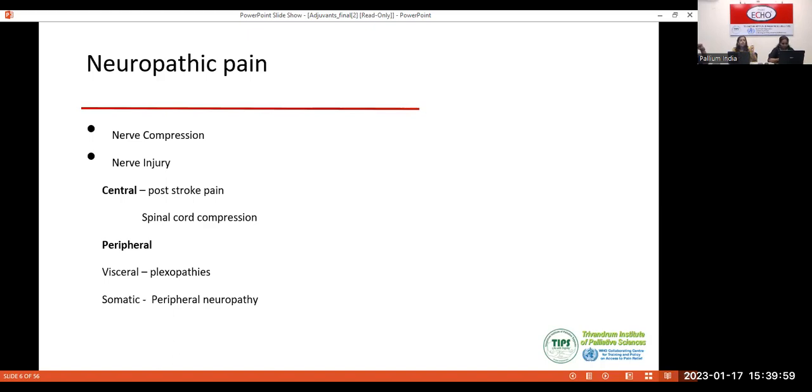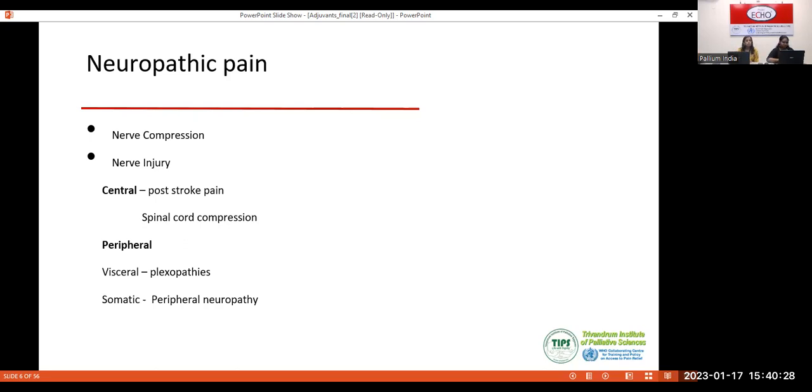Last class, you heard about nociceptive and neuropathic pain, right? So what happens in neuropathic pain whenever there is nerve compression? You have a tumor mass which is compressing the nerve, or you have a fracture in the vertebra and the fractured segment is compressing a nerve. So any nerve compression can cause neuropathic pain. Or if there is any direct nerve injury, you have a cut, you have a lesion, and the nerve is completely damaged, that is another reason.